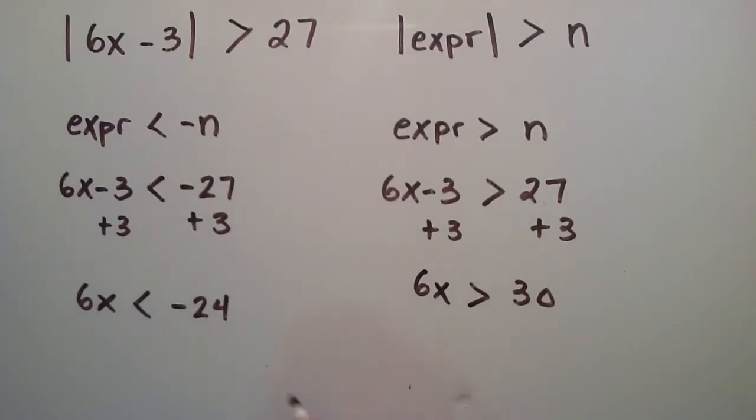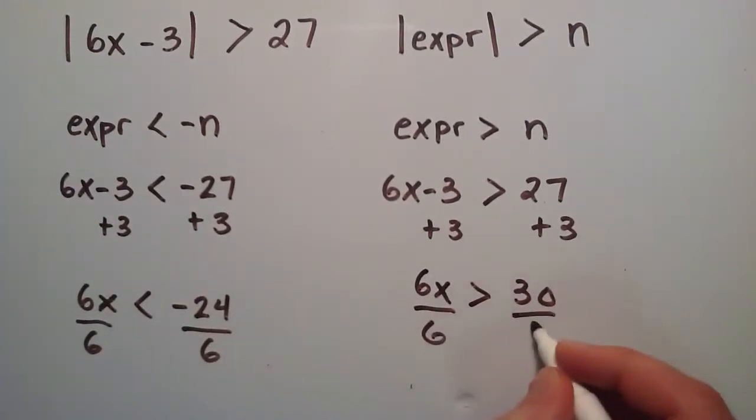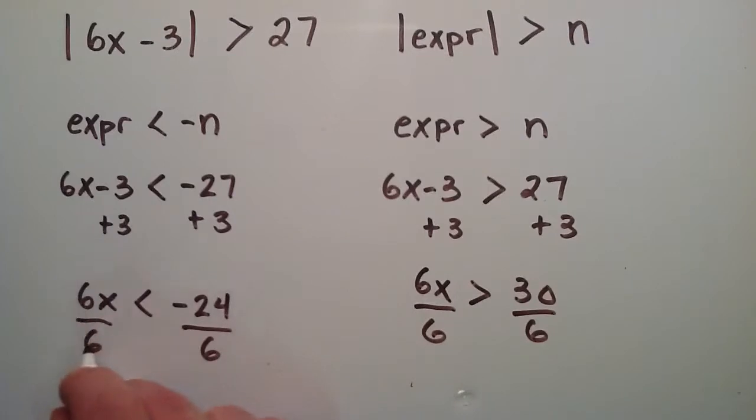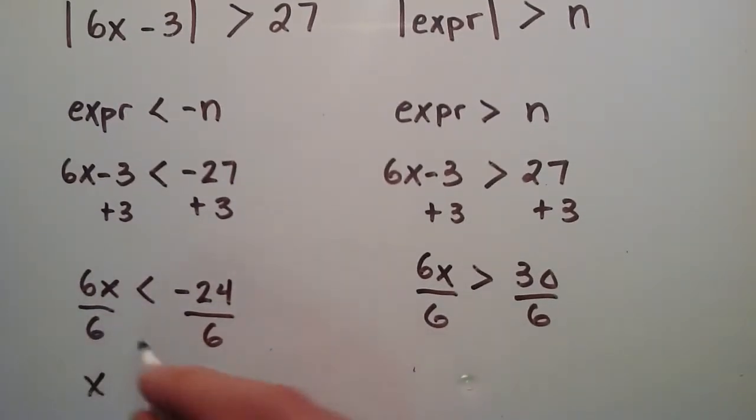And so now we just want to get x by itself on the left hand side of both of these. So the way we do that is we simply divide each side by 6. And 6 over 6 gives us 1. 1 times x just gives us x. That's less than, this is a negative 24 divided by 6. Well, a positive 24 divided by 6 gives us 4, so that means a negative 24 divided by 6 gives us negative 4.